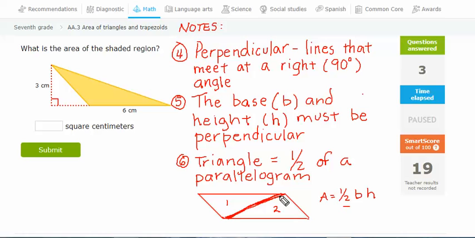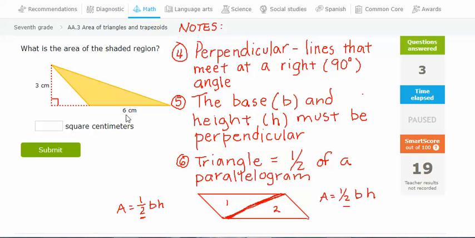And if you remember from the previous lesson, the area of a parallelogram is base times height. So when we cut it in half and make a triangle, that half gives you the area of a triangle. All right, so go ahead and copy those notes. Pause and rewind if necessary.